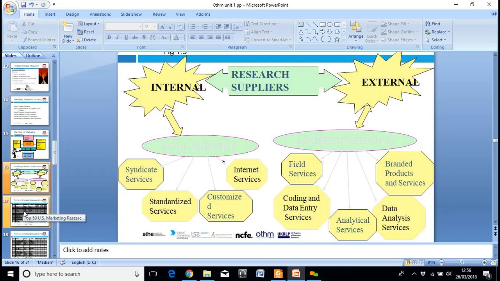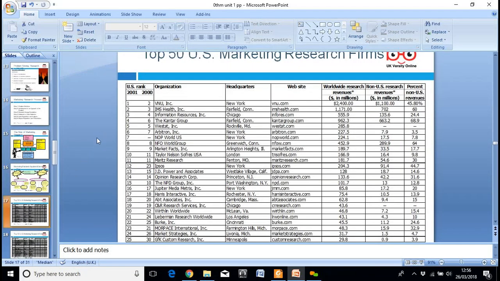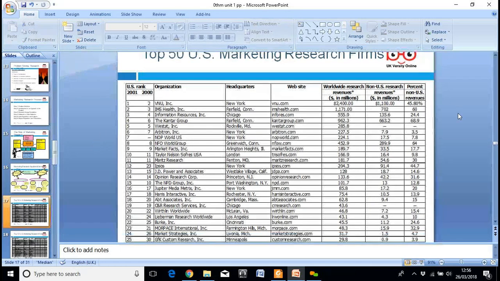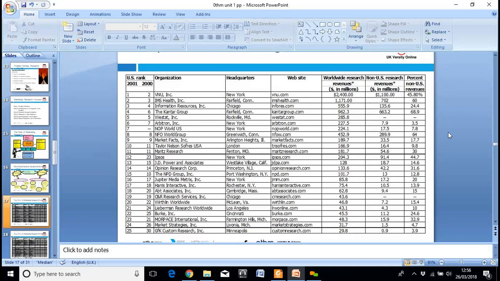To cover that, there are a couple of slides on here that show the top 50 US marketing firms, to give you some idea of how much they're involved. I mean, one of them has headquarters in New York and a website, with world revenue of 2,400 million a year in the services they provide.